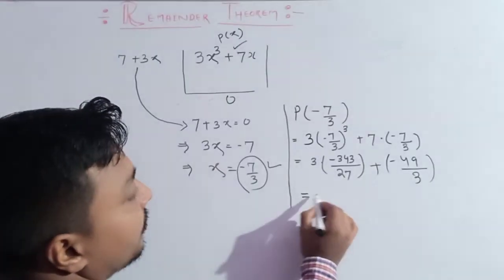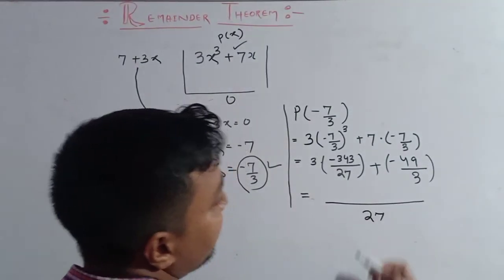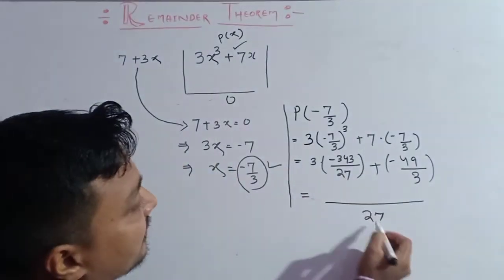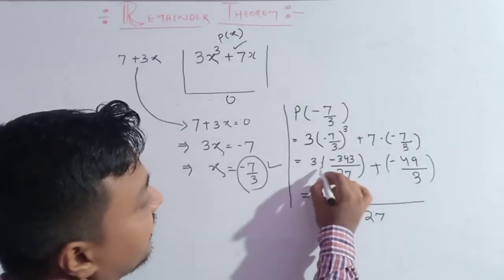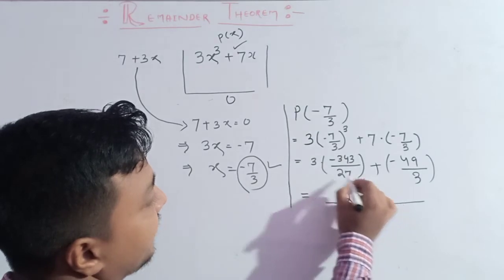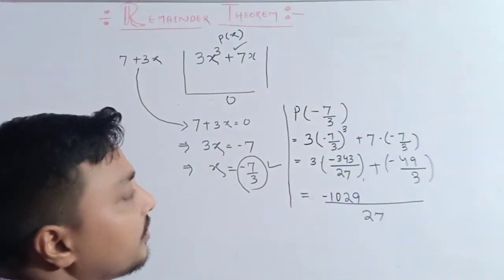Here first you have to take the LCM, which is 27. 27 divided by 27 is 1, so 3 threes are 9, 3 fours are 12, and so on, which gives minus 1029.